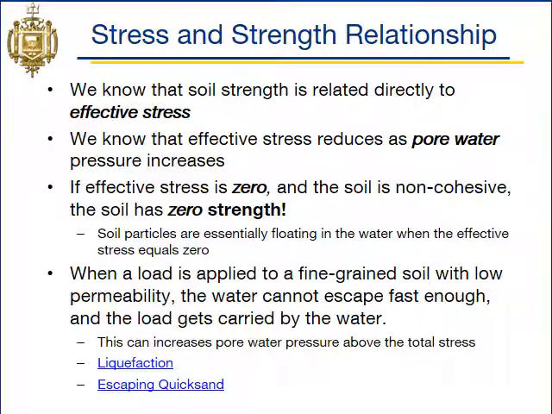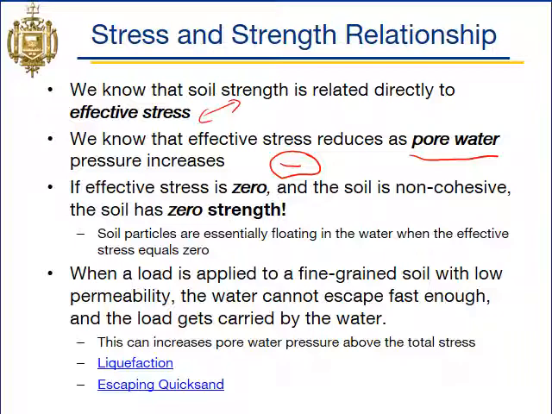All right, so now we know what effective stress is. Let's look at the relation between effective stress and strength and why it's important. Right, so we know that effective stress and strength are linked, right? So more effective stress equals more strength. And we know that pore water pressure has a negative effect on effective stress, right?